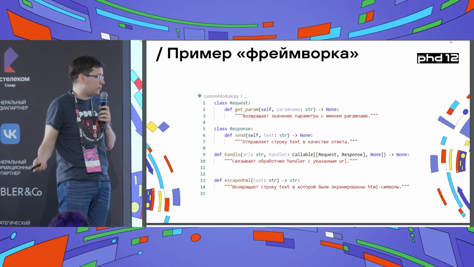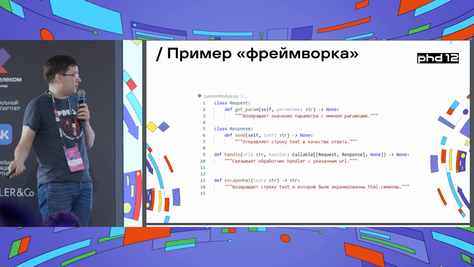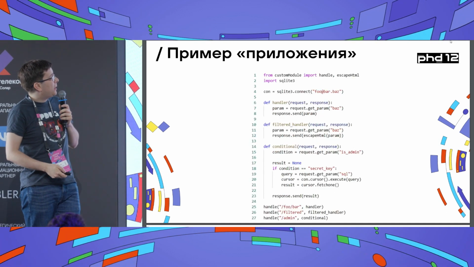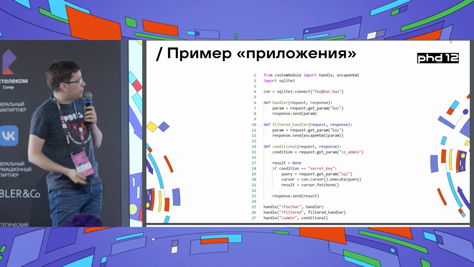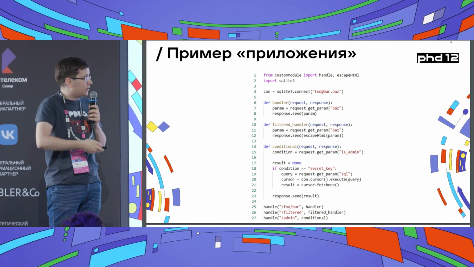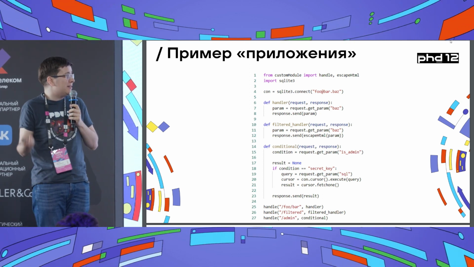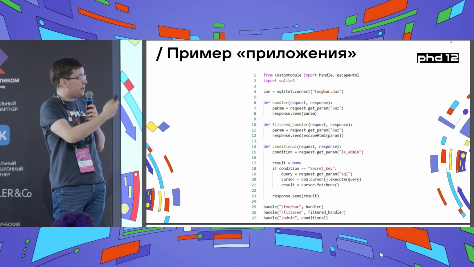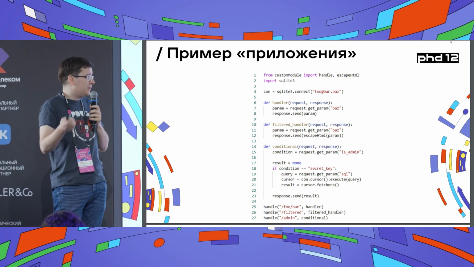If you have a path on a server, how do you process the request that goes there? How do we describe this in our script extension language? This is a simple application using this framework, a number of query processors. The first is not very secure, gets the response, gets the parameter, and sends it to the outcome as is. The second one is more secure.